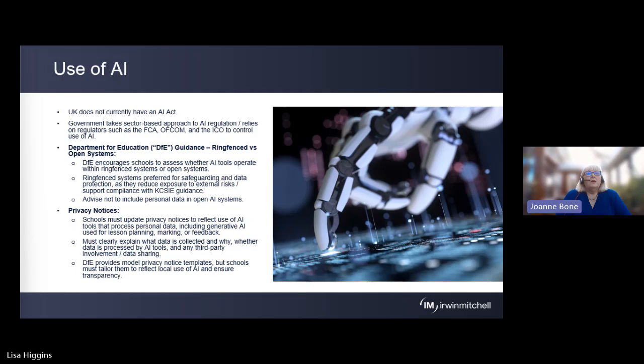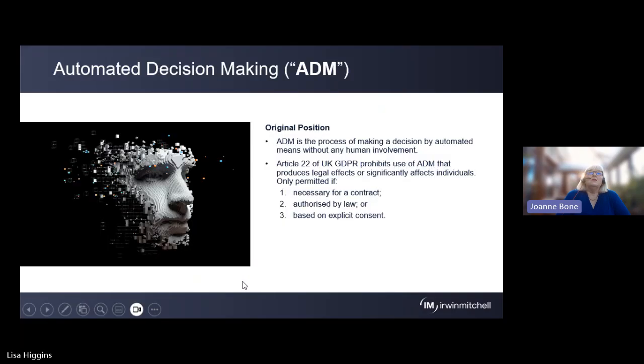So now, having had a brief look at AI use in schools and contractual issues, I'm going to move on to the more difficult topic, and that's automated decision making. On the next slide, you'll see that we've set out the original position in relation to automated decision making, which is pre-Data Use and Access Act, and then we're going to have a look at what the current position is.